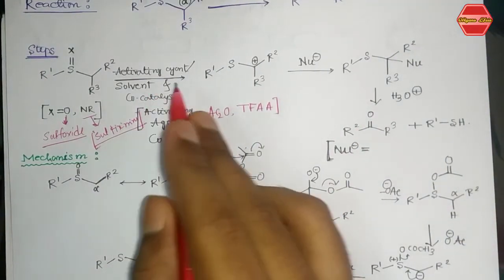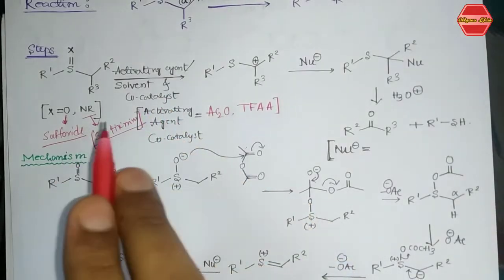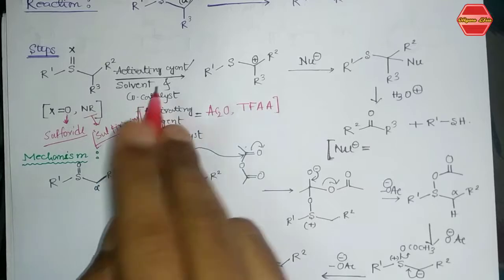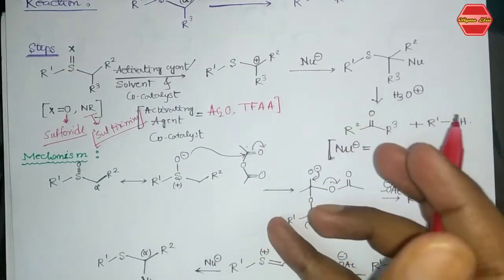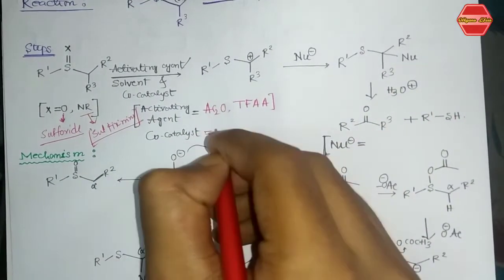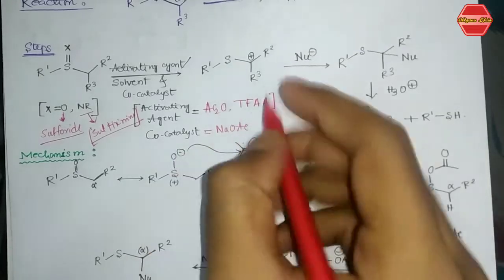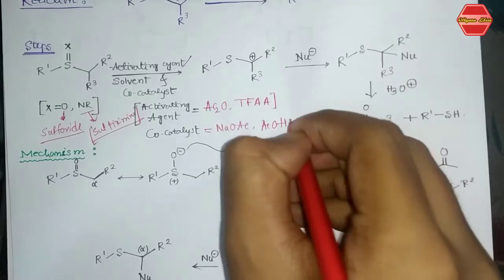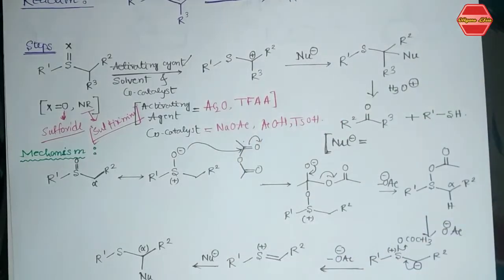Now the important thing is what is the nucleophile and what is the co-catalyst. Here I am taking this as a co-catalyst. The co-catalyst is basically sodium acetate, or in some cases TsOH or something like that. This is also used.